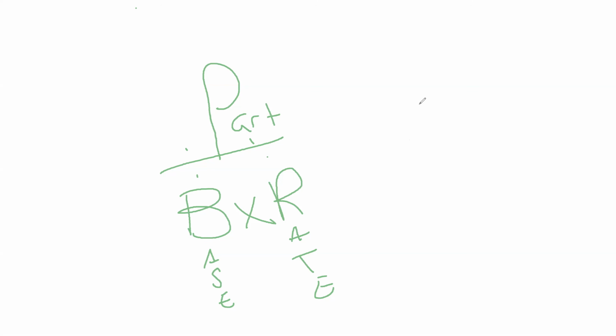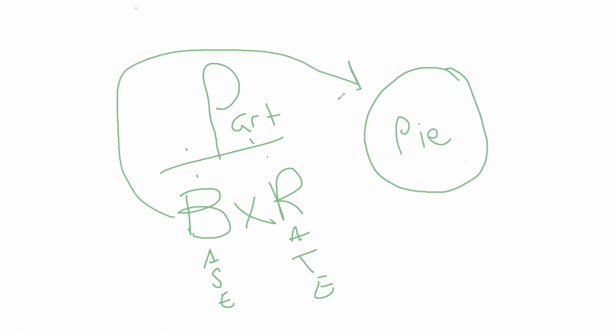What I always like to do is talk about it in regards to a pizza pie. Why? Because I'm a fat kid. I am a fat kid at heart, and I'm a fat kid on the outside too. So I love talking about it like this, and I think it's easier to understand this way. The base is always the entire pie.